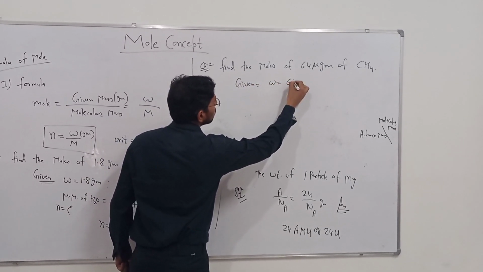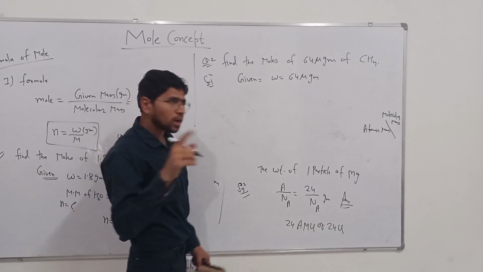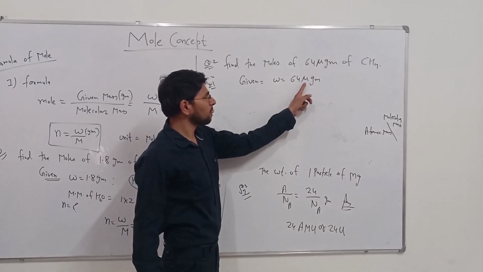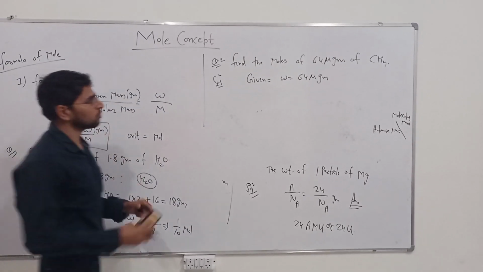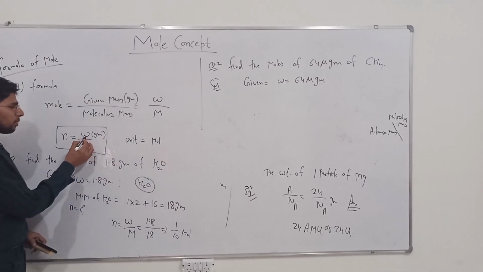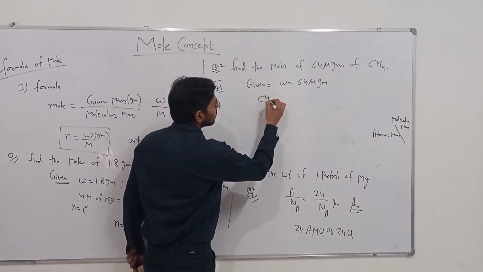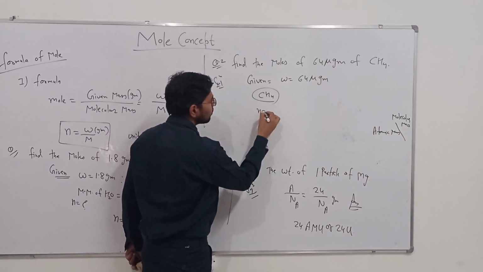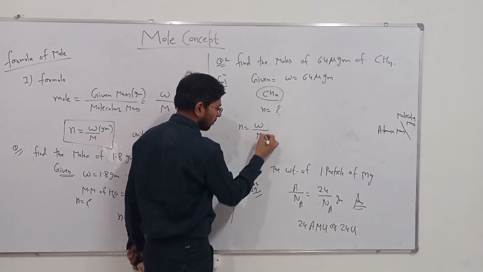W is 64 microgram. Now you have to convert it, because W must be in gram. The compound is CH4. Now find moles, then use the formula W by M.